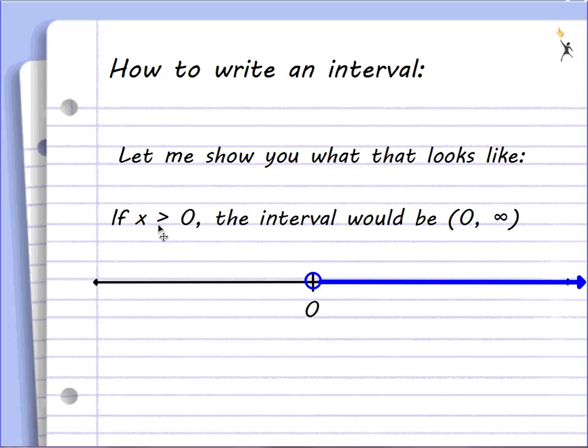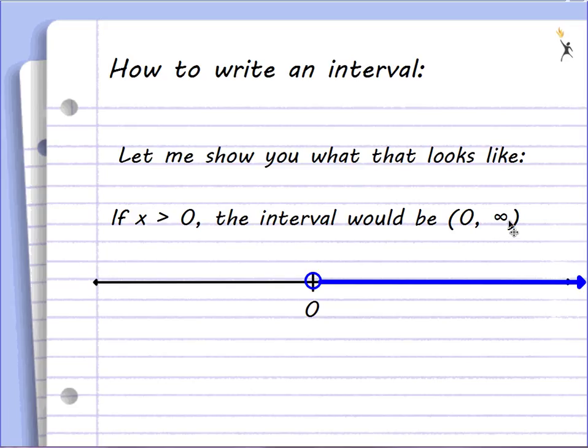For instance, if x is greater than 0, I would graph an open dot at 0 and shade everything to the right, extending all the way to positive infinity. Well, to write that interval, I say my left boundary is 0, and my right boundary or right endpoint is positive infinity. Since 0 is not included in our range of values, I use a round bracket.